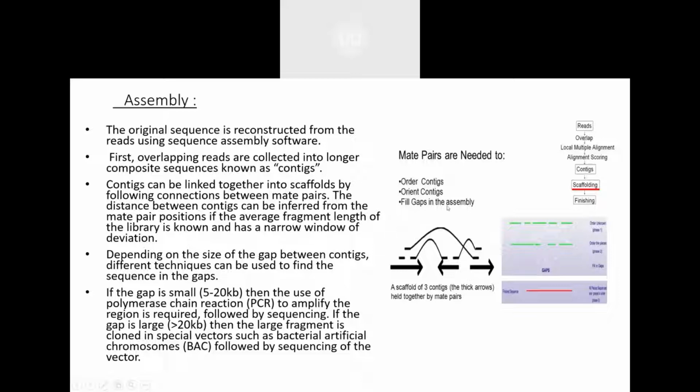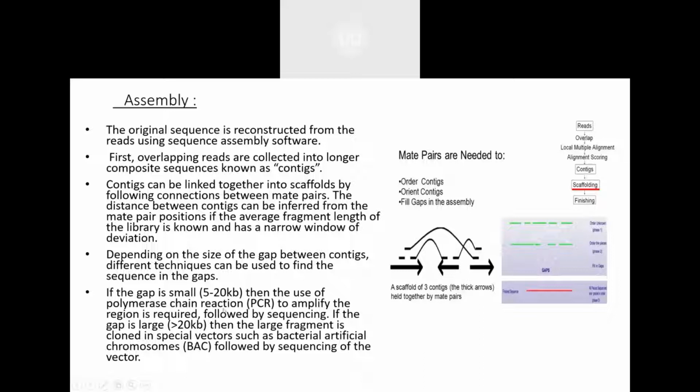So contigs can be linked together into scaffolds. Now scaffolds are an even larger version of contigs, showing the genome on a larger scale. Contigs are linked together to give scaffolds. Like it is shown in this figure below, three contigs, or these three dark arrows together, make a scaffold. So it's written below, a scaffold of three contigs, that is the thick arrows, held together by mate pairs.